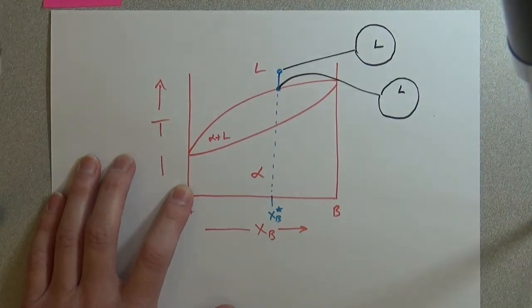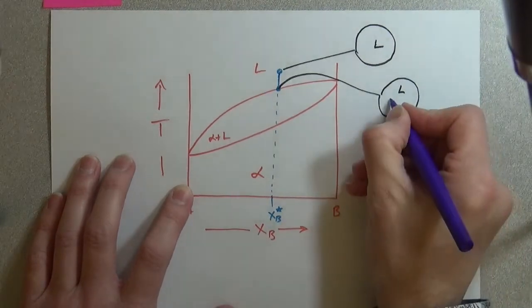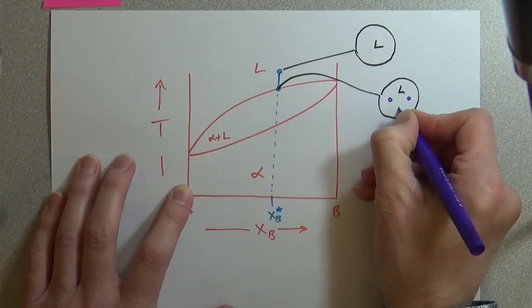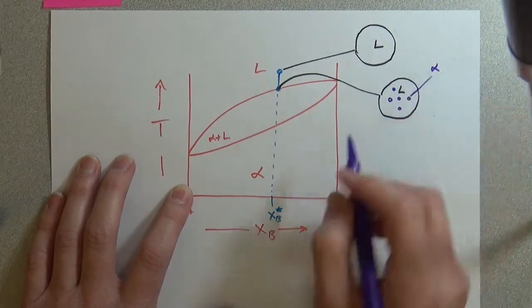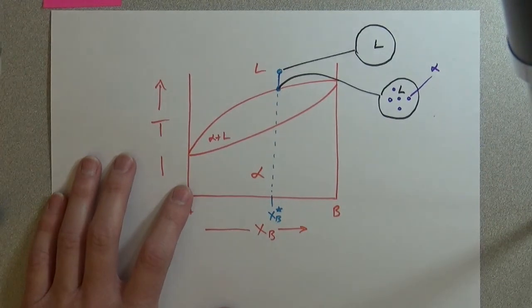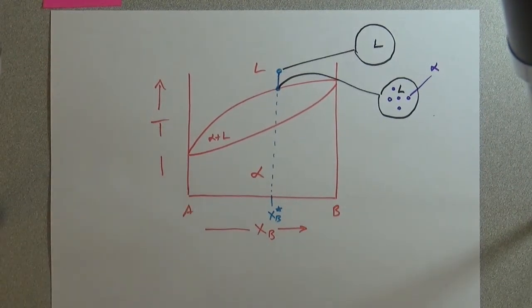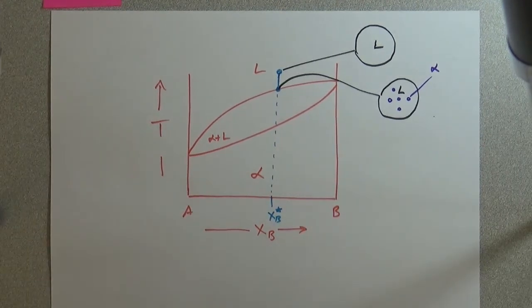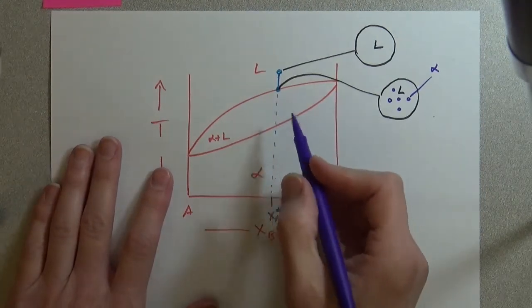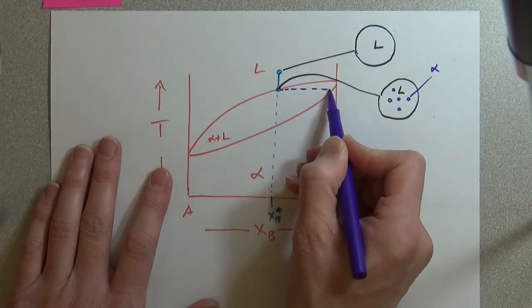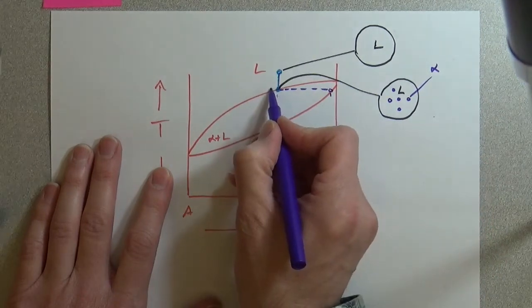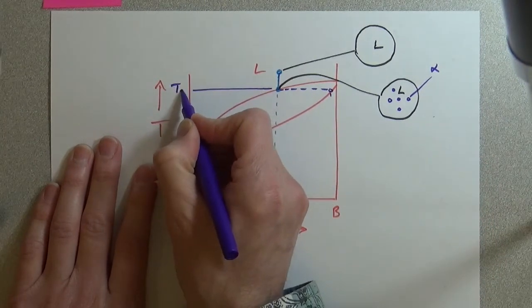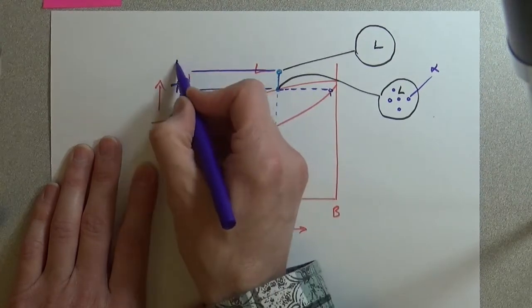If we just touch that phase boundary, the structure looks like this. Mostly liquid, but then we also have a few embryonic nuclei of alpha that form. And the alpha is going to have a different composition. Let's call this T2, call this T1.